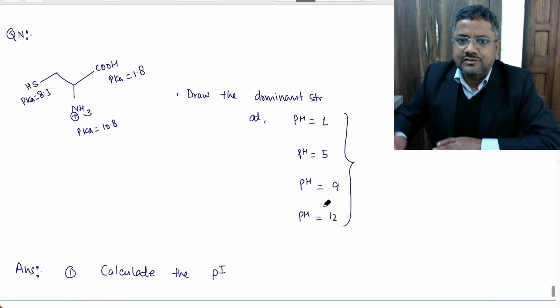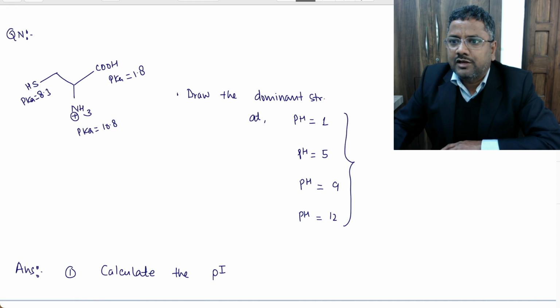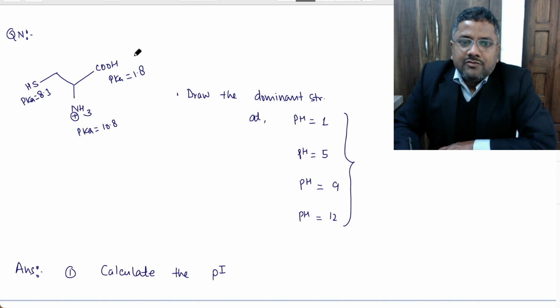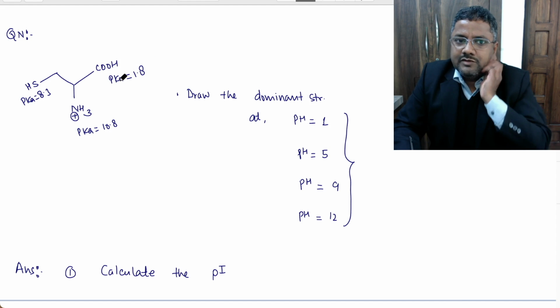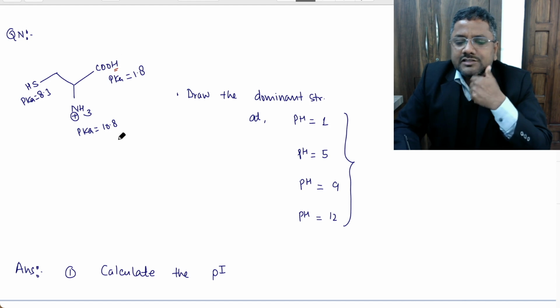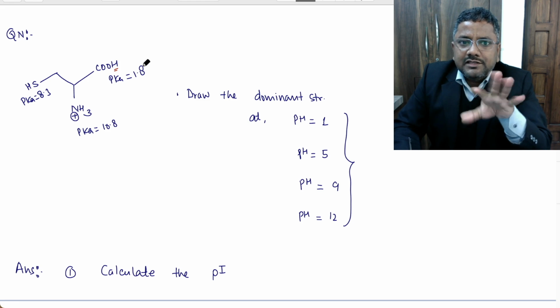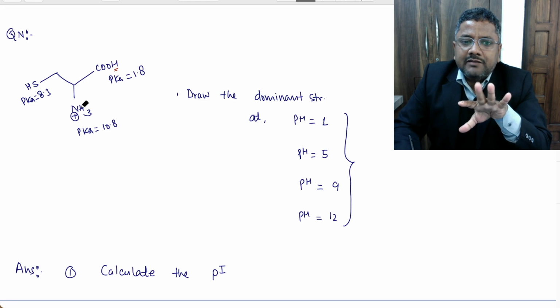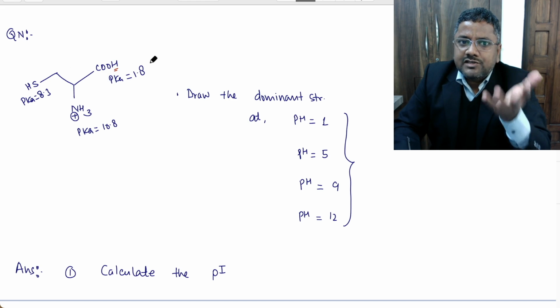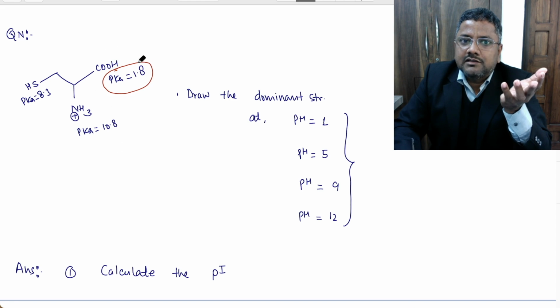Imagine which pKa we are going to use. When you start titrating, this is the fully protonated form. When you put NaOH here, the first proton will go. Then you will have negative and positive, meaning you get a zwitterion. So after the first endpoint you are getting the zwitterion, which you have to consider in the calculation of pI.